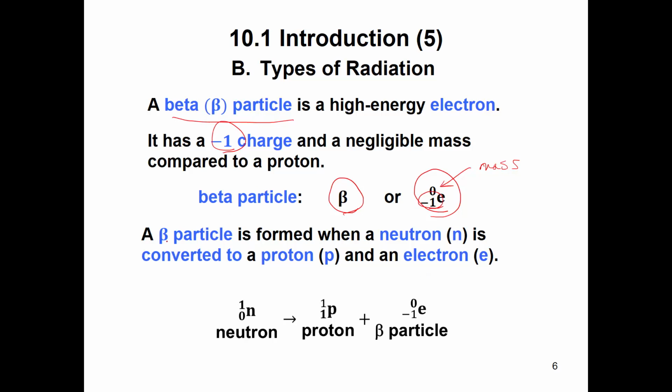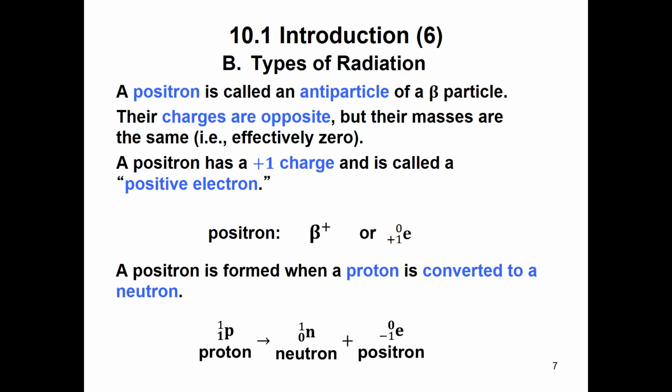And a beta particle is formed when a neutron is converted to a proton and an electron. So you kind of split it apart and it becomes a proton and an electron. And that electron that's produced is your beta particle. A positron is like the opposite of a beta particle. Their charges are opposite, but their masses are the same.